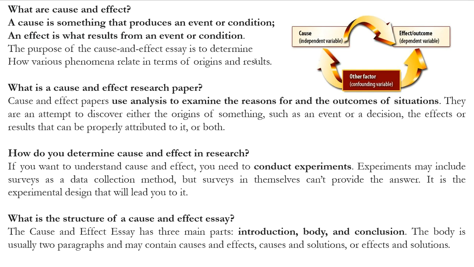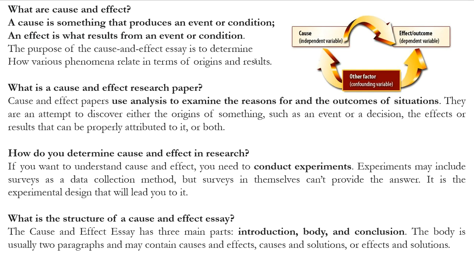Then for the effect problems, you must identify the basis of the solution. They are an attempt to discover the origin of something, difficult to resolve, or difficult to resolve the situation.